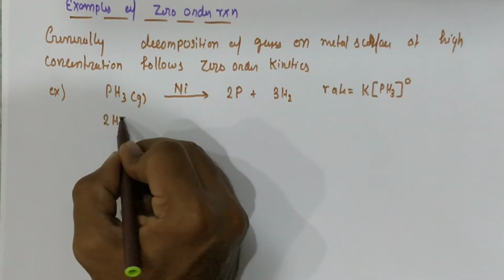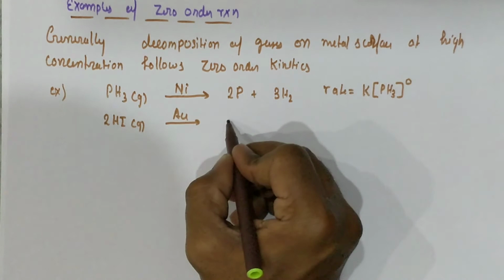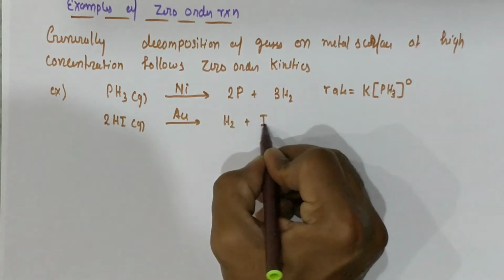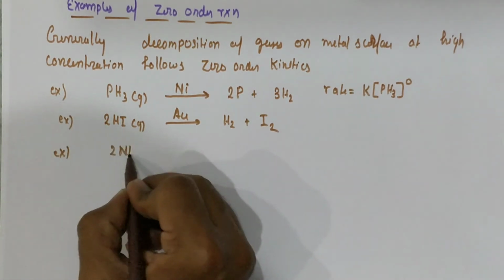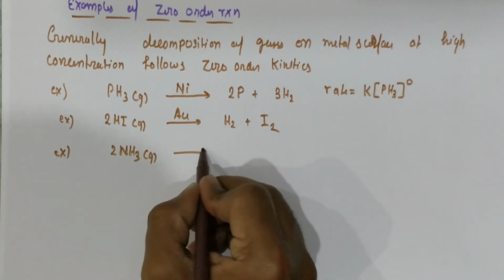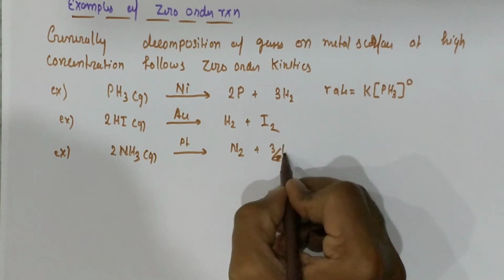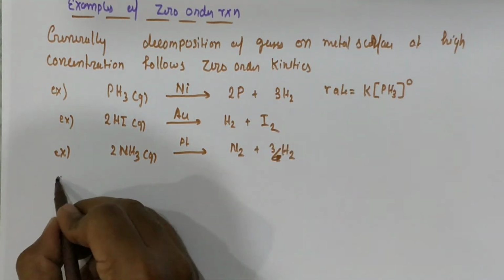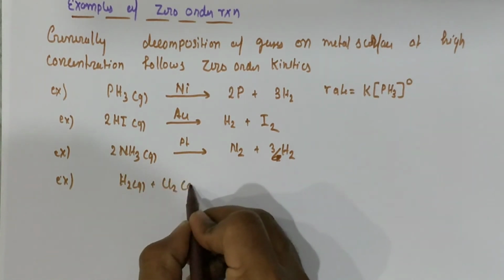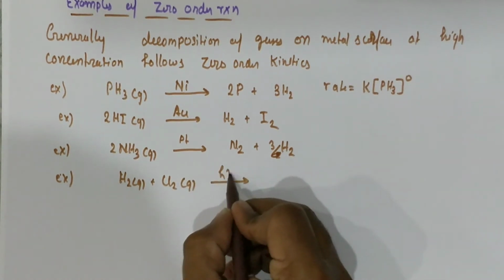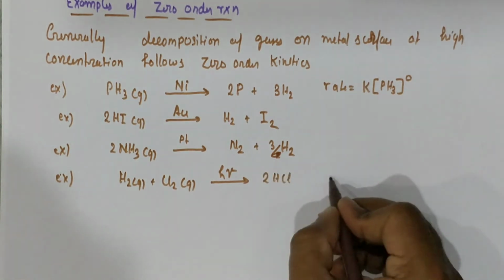Second, 2HI on gold surface to give H2 plus I2. Similarly, NH3 on platinum surface decomposes to give N2 and H2. And H2 and Cl2 in presence of sunlight or light gives 2HCl.